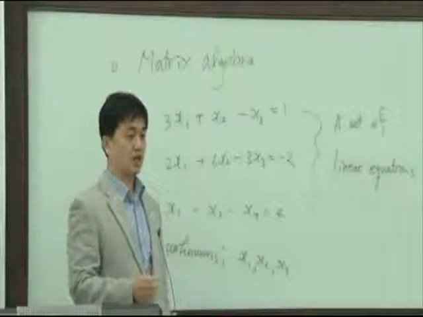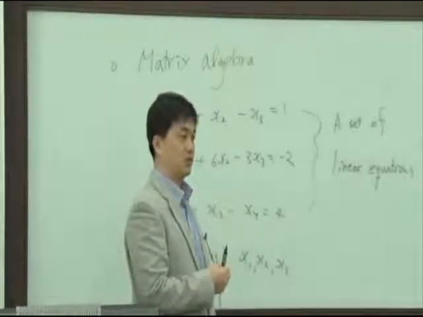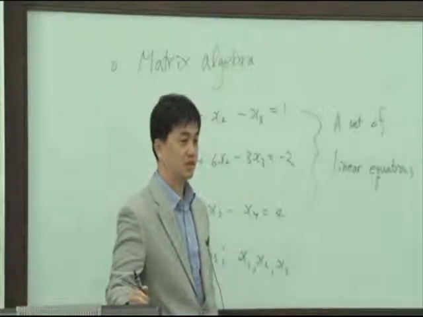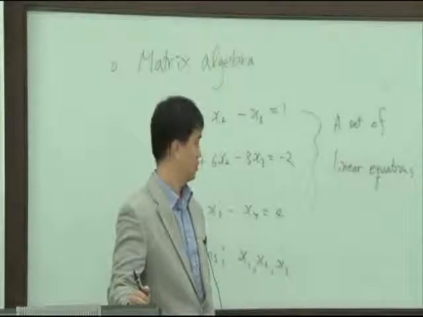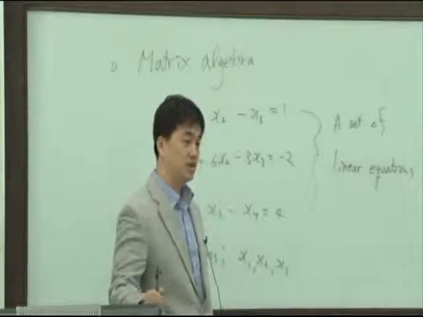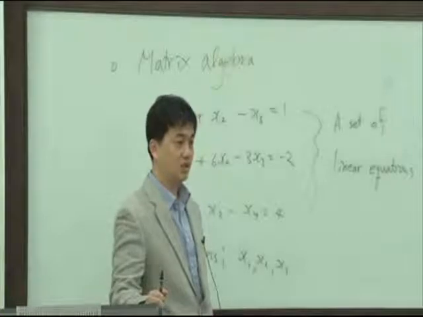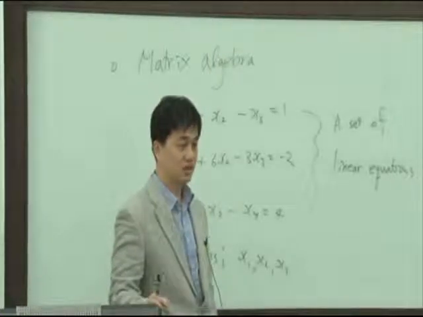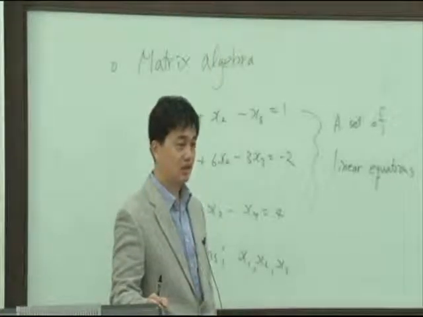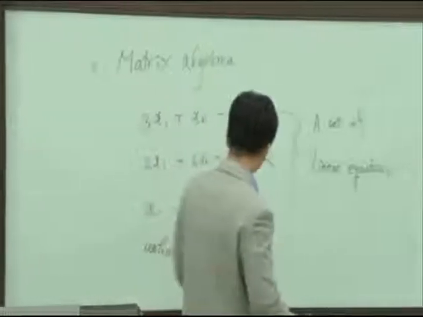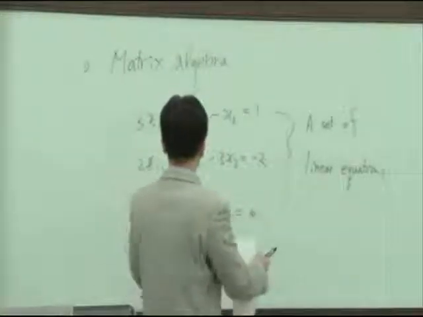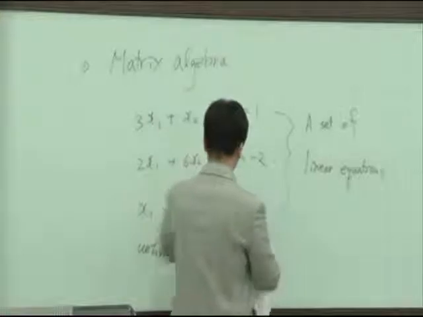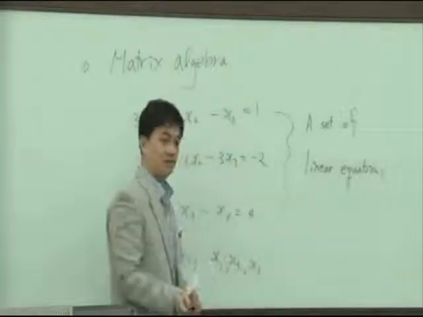In physics and mechanics, we need to solve this kind of linear equation. And the solution is x1, x2, x3. We want to find that x1, x2, x3, right? Sorry, I need to change x4 to x3.